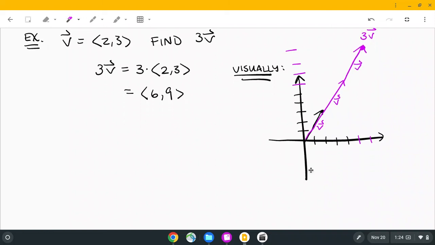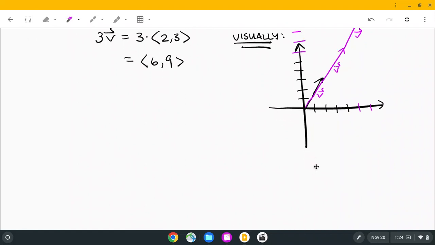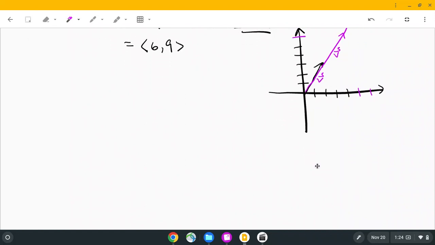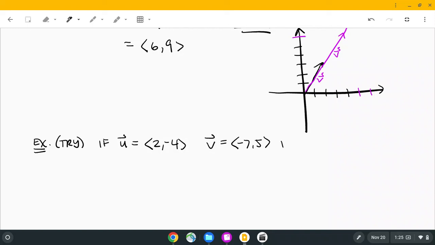All right. Okay, why don't you try these? Okay, so go ahead and try this here. All right, if vector u equals 2, negative 4, and vector v equals negative 7, 5, see if you can find the following.